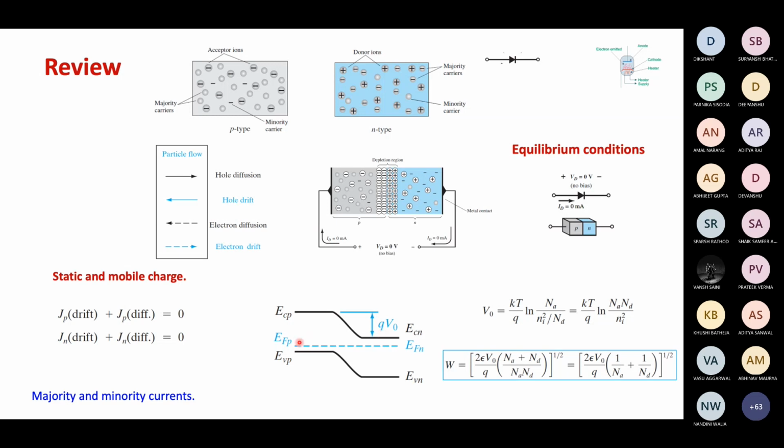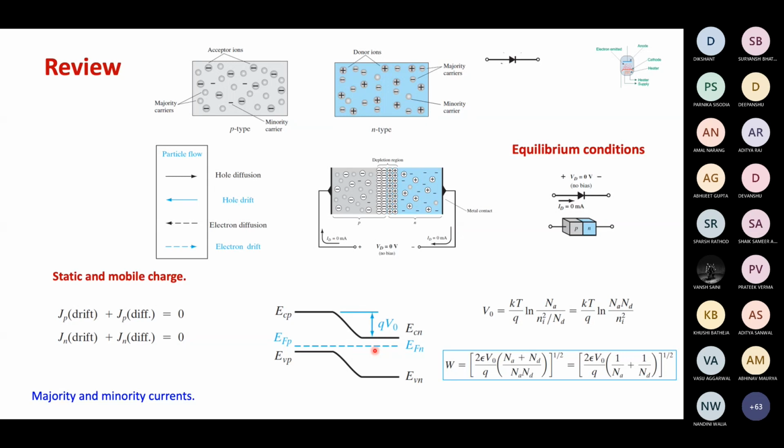But if the Fermi level is different on different sides, so for example, on this side we have a different Fermi level and on this side we have a different Fermi level, in that case, carriers will have a propensity to move inside the device. And that essentially is the actual potential energy difference, because when the Fermi level is constant, it means that electrons or carriers are at the same potential energy.